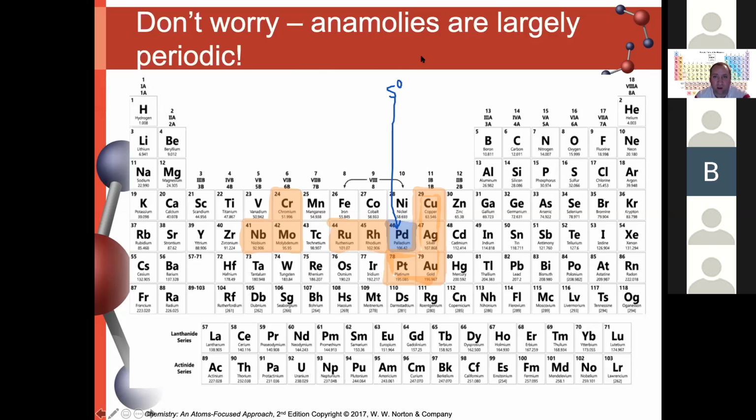If I look at this group right here, this would be the D sublevel and the fourth electron in that sublevel. So chromium and molybdenum, these would be what we would call D4 elements.